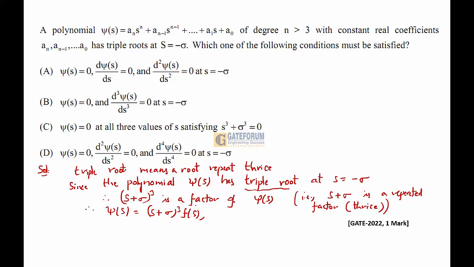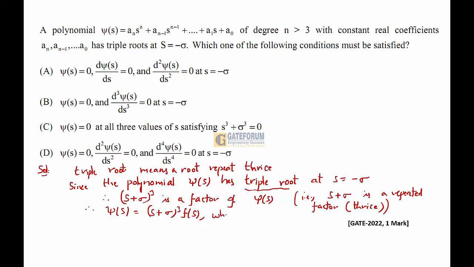So s plus alpha is 3 times a factor of that psi of s, which means (s plus sigma) whole cube is a factor of the polynomial psi of s. So whenever s plus sigma is a factor, we can write that polynomial as s plus sigma into the reduced polynomial, that is f of s, whose degree is reduced by 3.